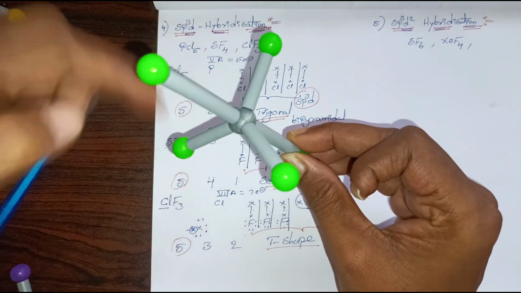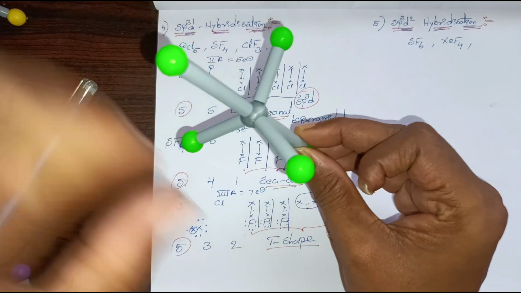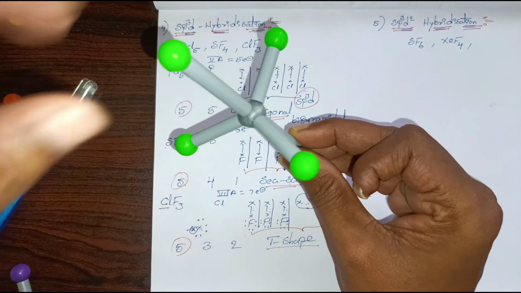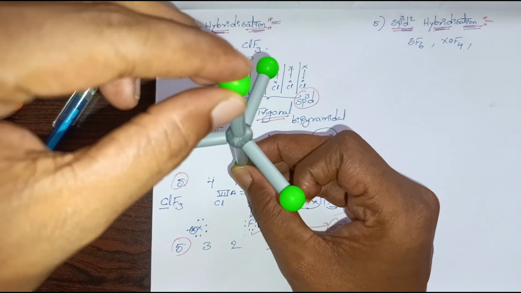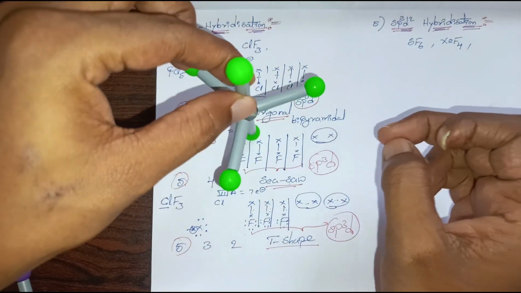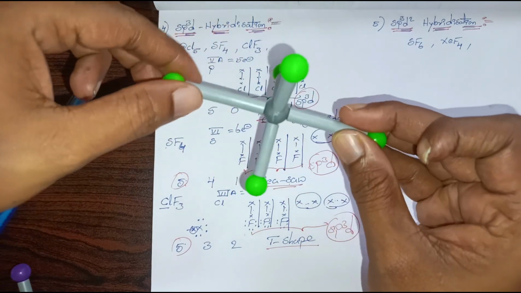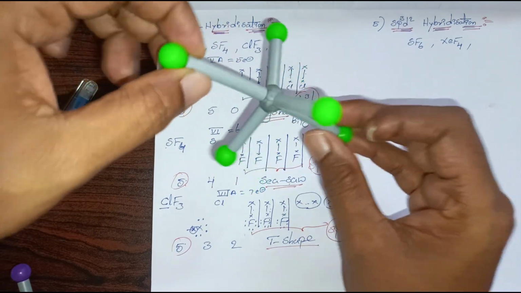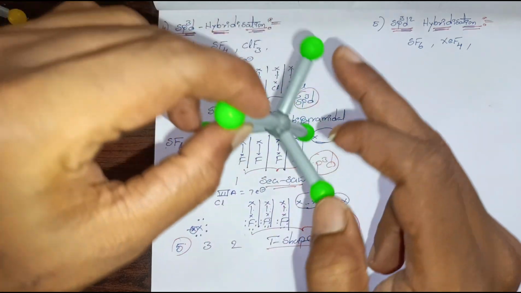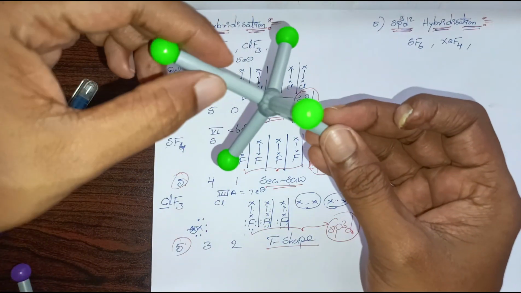These three chlorine atoms and phosphorus exist in the same plane. One chlorine is above the plane, one chlorine below the plane. This is the equatorial, trigonal arrangement, and this is the bipyramidal arrangement.